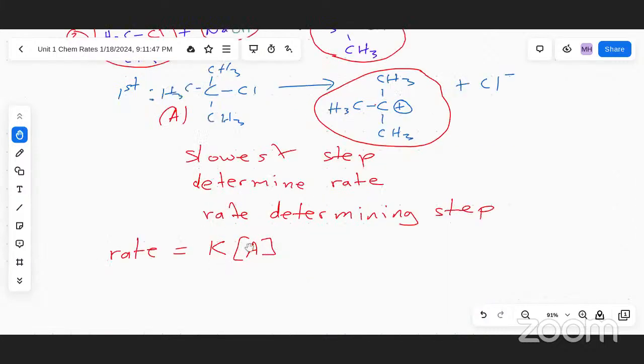So for now, that's all I want you to know. But on Saturday, I will explain it in more detail. Just remember, the first step is the rate determining step, and whatever reactant is used, that's the only one that goes in the rate equation. So this compound here would be the only one that you put in brackets, not the sodium hydroxide.